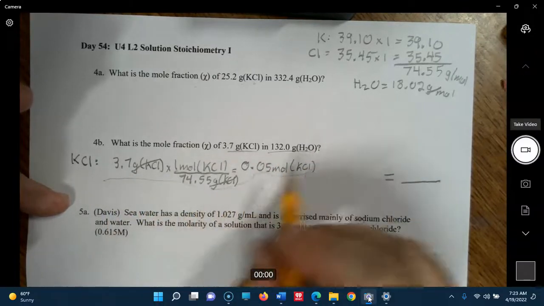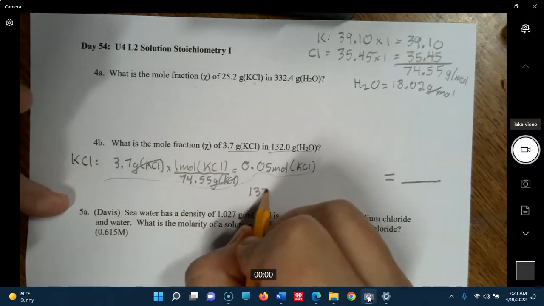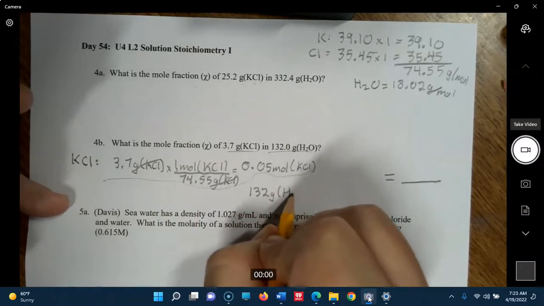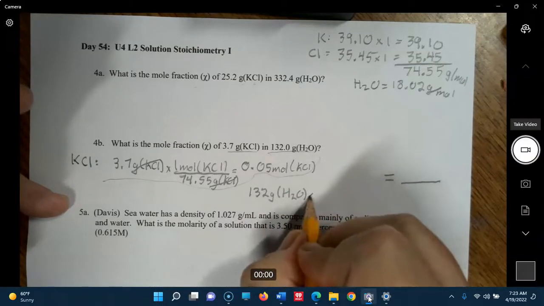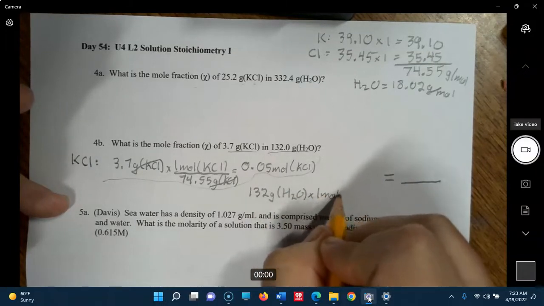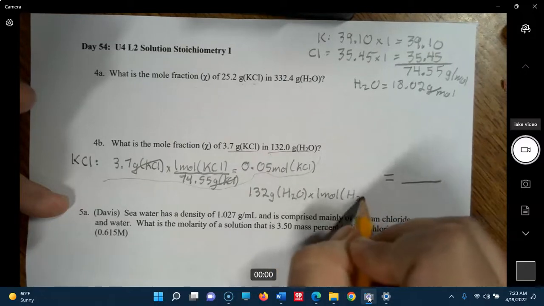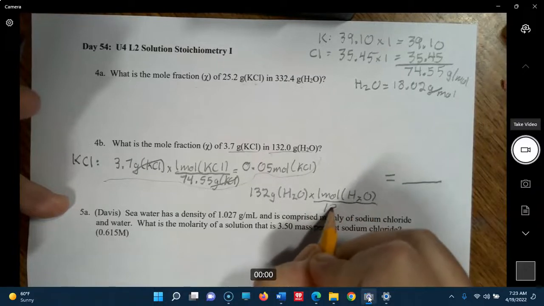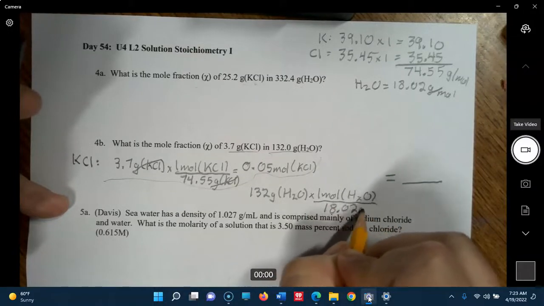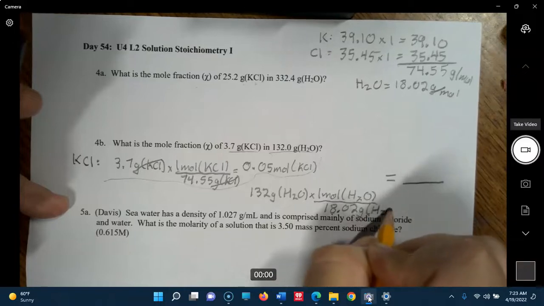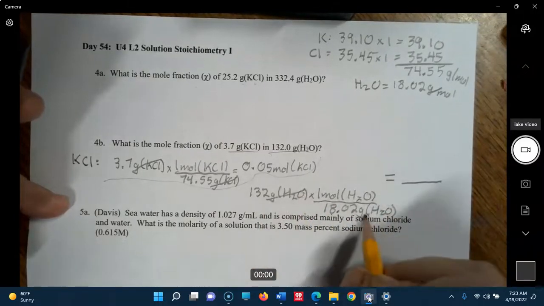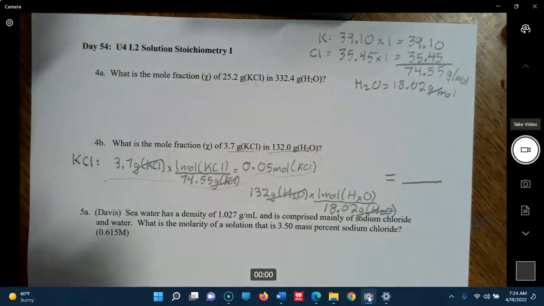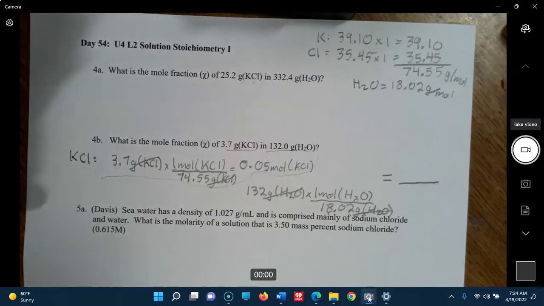I'm going to divide this off here. So grams of H2O, so it's 132 divided by 18.02. And it gives us 7.3.